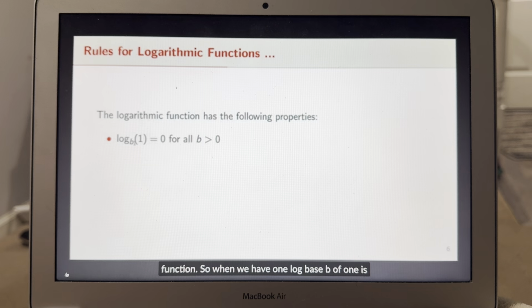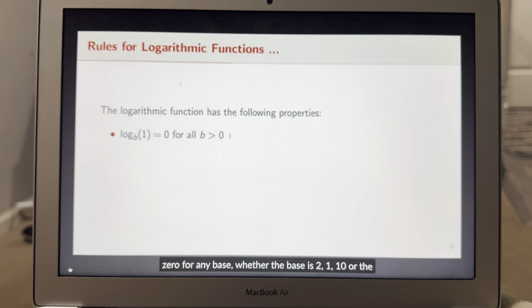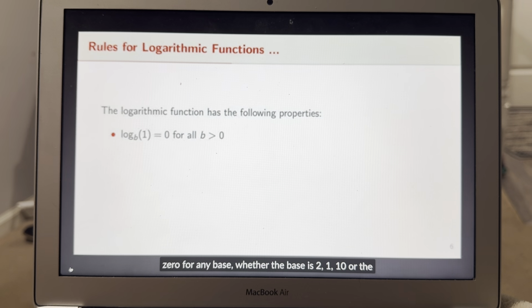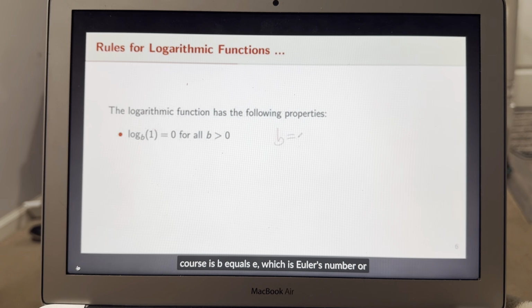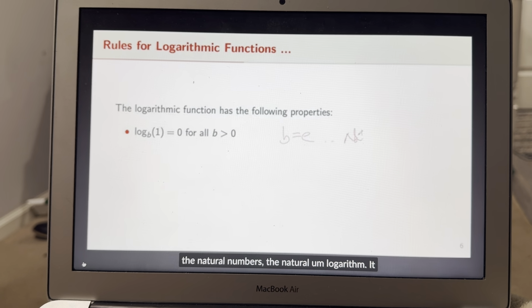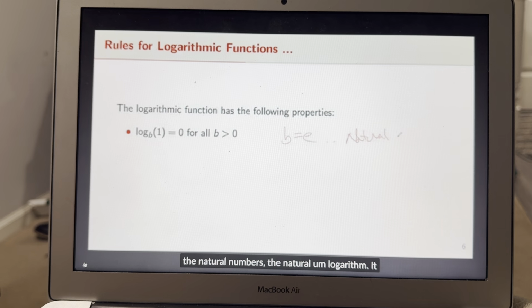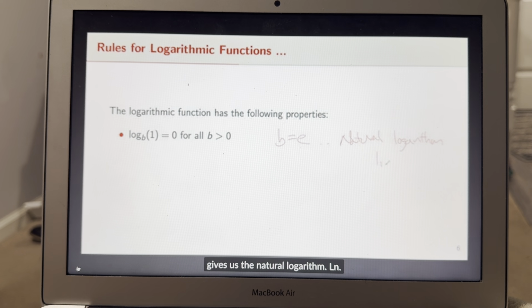So log base b of 1 is 0 for any base, whether the base is 2, 10, or the base we're going to very commonly use during this course, b equals e, which is Euler's number. That gives us the natural logarithm, ln.